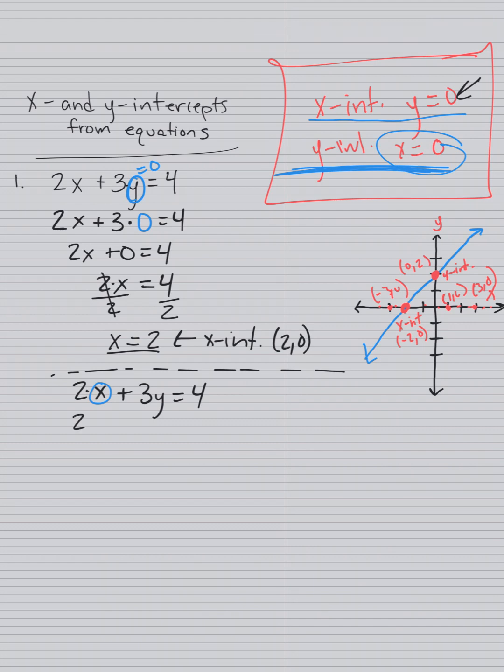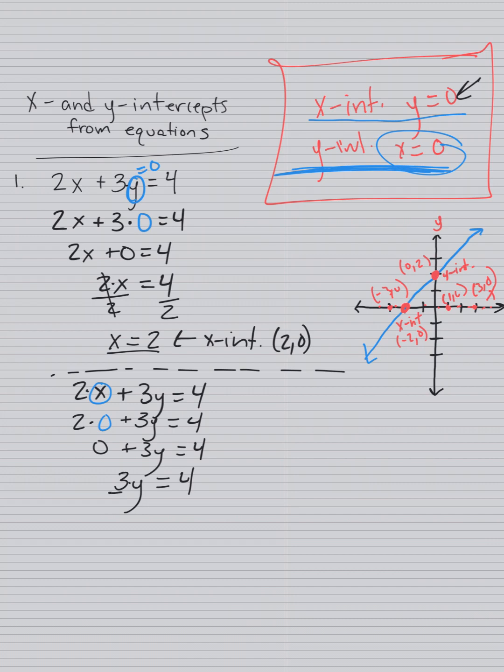Again, 2x means 2 times x. So really we have 2 times, and then I'm replacing the x with 0. Everything else stays the same. 2 times 0 is 0, plus 3y is equal to 4. Adding 0 is not going to change anything, so we can just drop the 0. We don't have to write it.